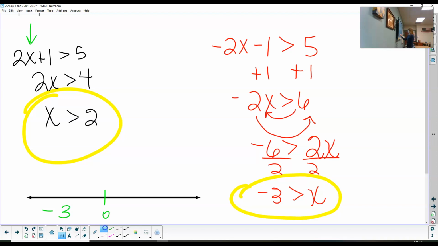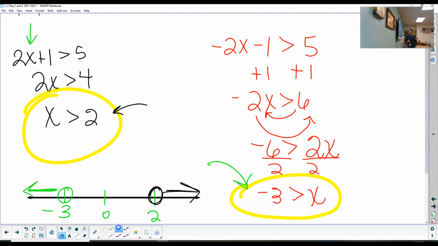Our negative 3, of course, is to the left of 0. Positive 2 we'll put right here. I'm going to graph this one first. We know that x is less than negative 3, so I would have an open dot on the negative 3, and I would shade where my x values get lower. For my original right here, I need my x values to be greater than 2, so I would shade, of course, to the right.